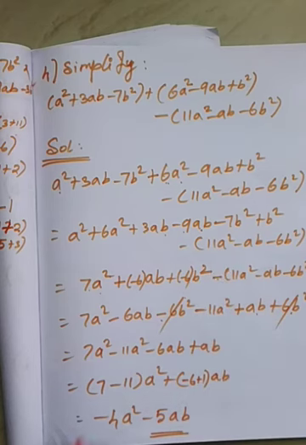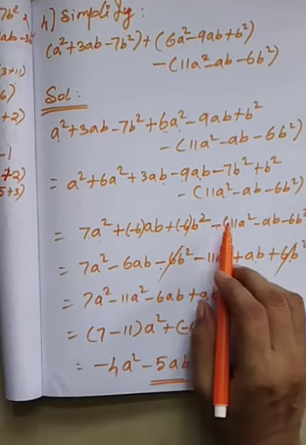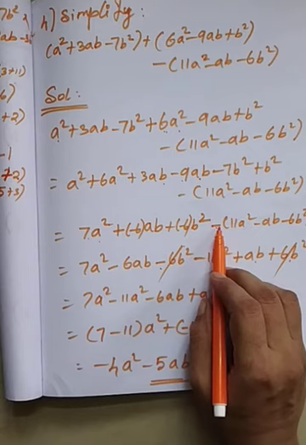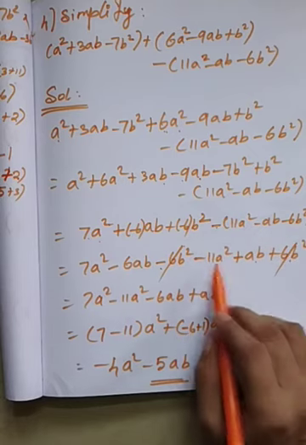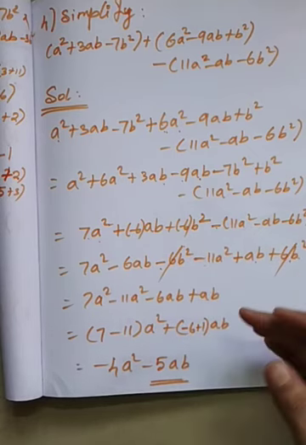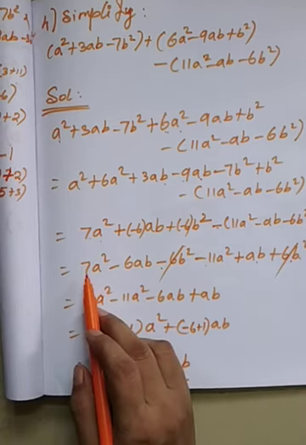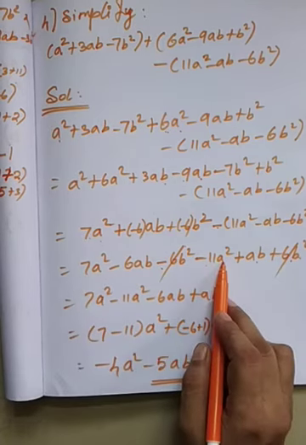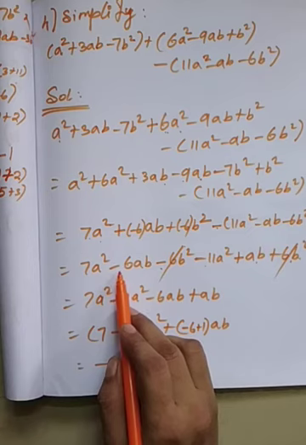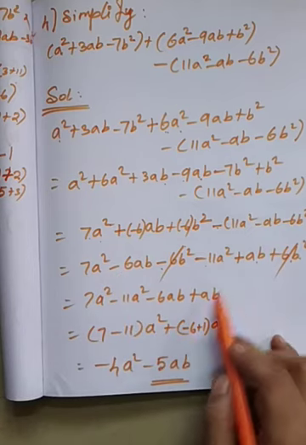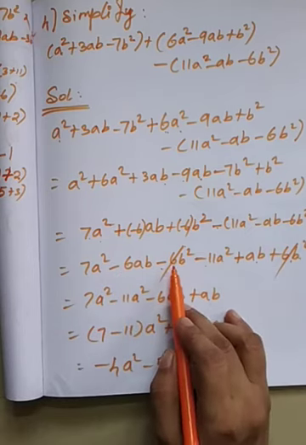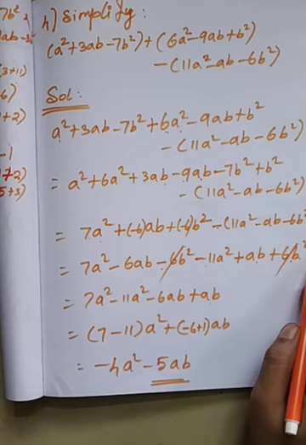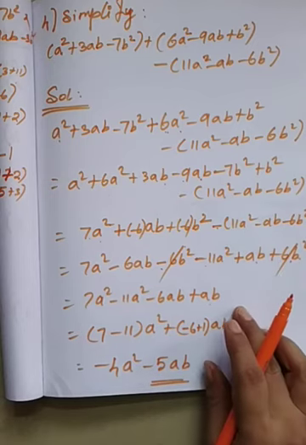Write the third term. Then again this minus multiplies inside the bracket, you will get these terms. Again you have to rearrange the terms. See here 7a squared and then minus 11a squared. After that minus 6ab plus ab. Here minus 6b squared plus 6b squared is there, so directly you have to cancel.